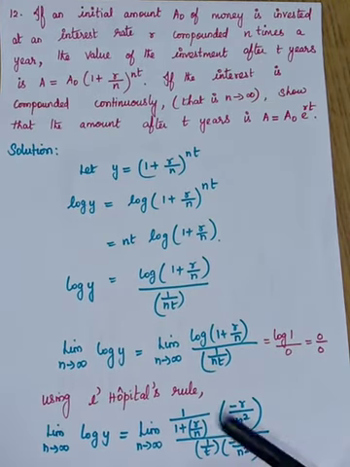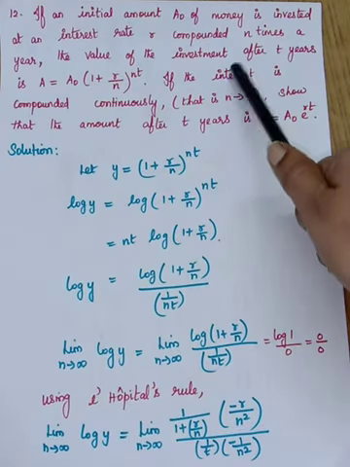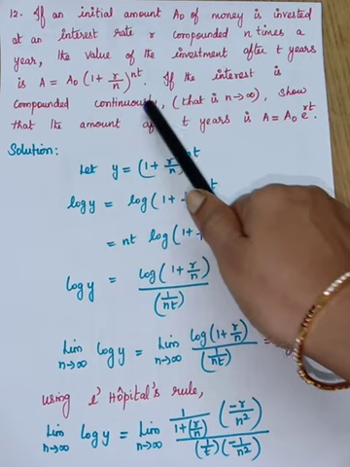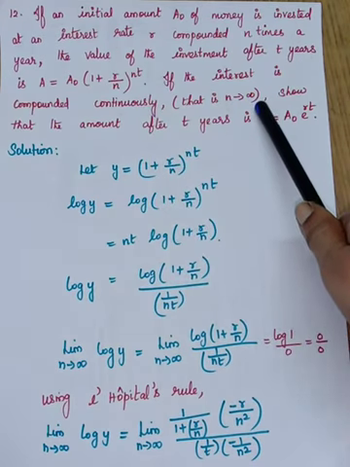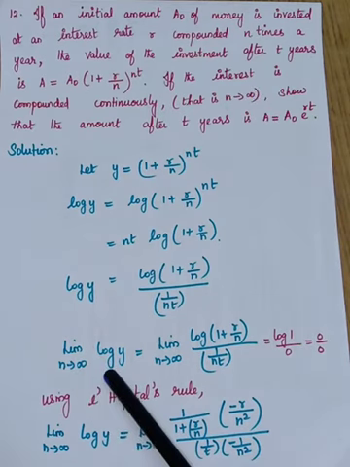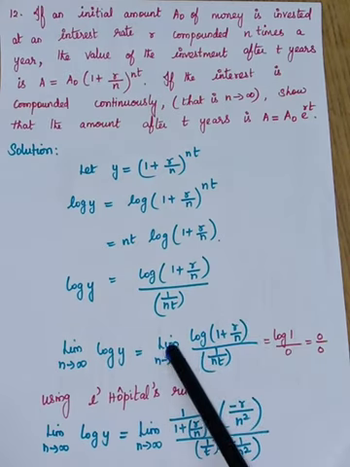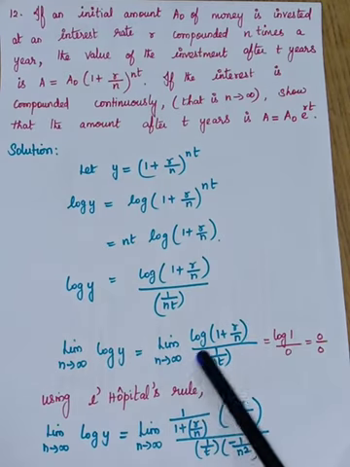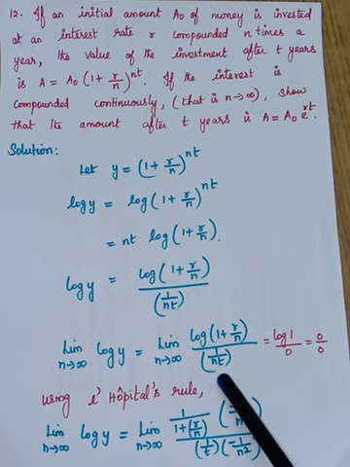What is the limit? Limit n tends to infinity. If the interest is compounded continuously, that is n tends to infinity. So limit n tends to infinity of log y is equal to limit n tends to infinity of log of 1 plus r by n divided by 1 by nt.